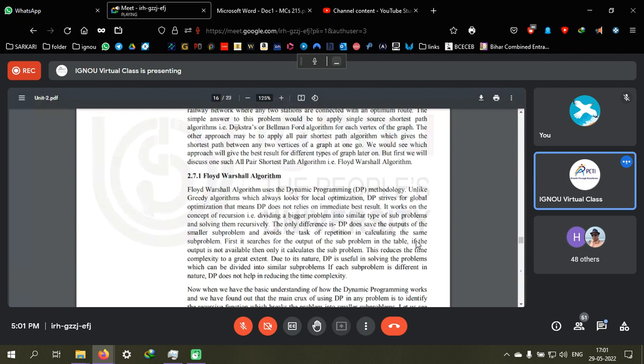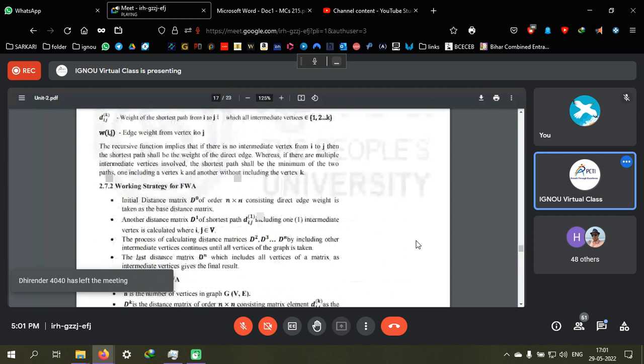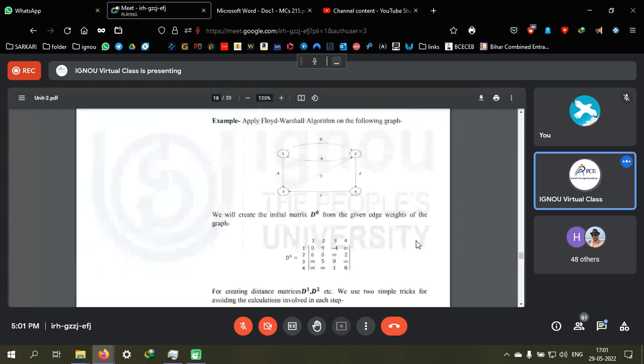If we are talking about the Floyd-Warshall algorithm, this is again the shortest path problem. So we have 4 nodes: 1, 2, 3, 4. We will create the initial matrix D0 from the given values.